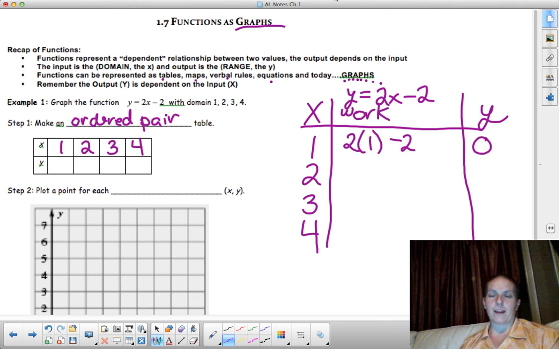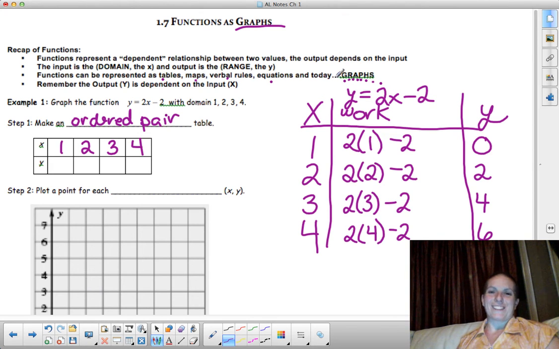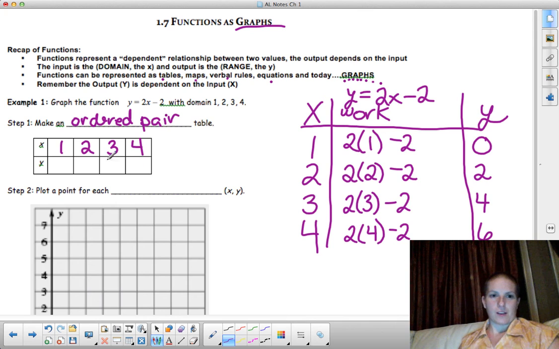When you blip back, it'll all be filled in. Alright, so hopefully you went through and you filled in all those inputs into the work zone and got all of the outputs so that we can record them here in our table. 0, 2, 4, and 6.